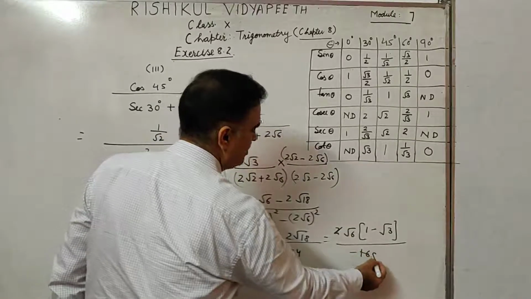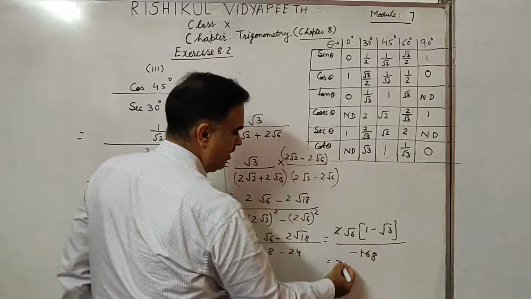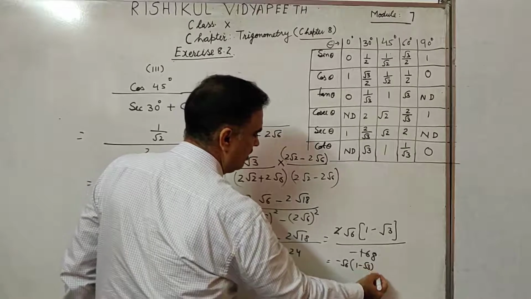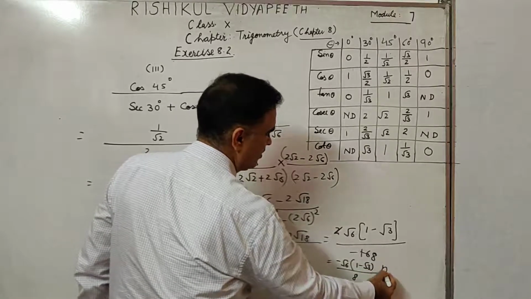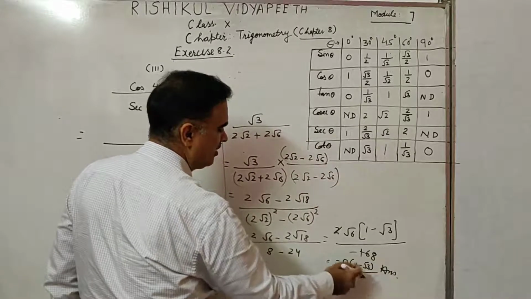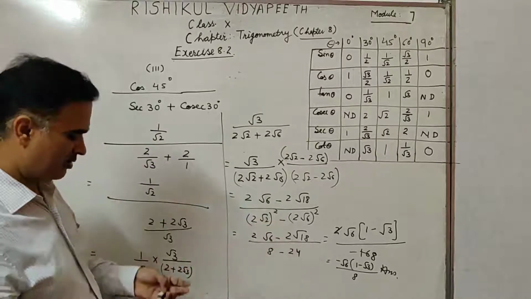Then you cut the 2 8s and the minus will go upside, and this is minus root 6 into 1 minus root 3 upon 8. This is your answer. Or you can take root 3 minus 1, then minus minus becomes plus. You can do that also, otherwise you can leave it here also.